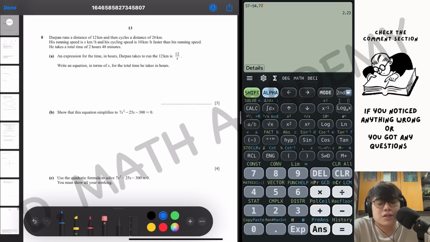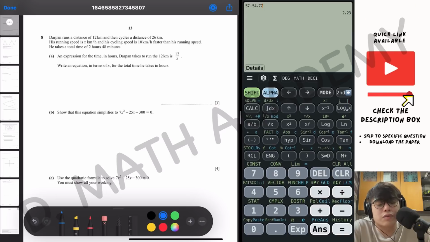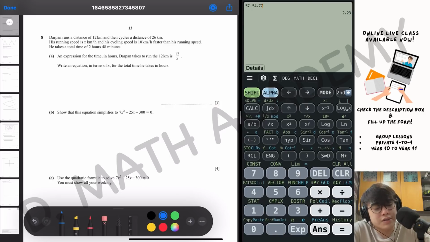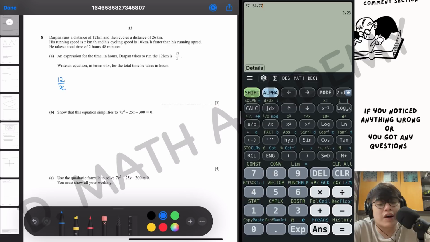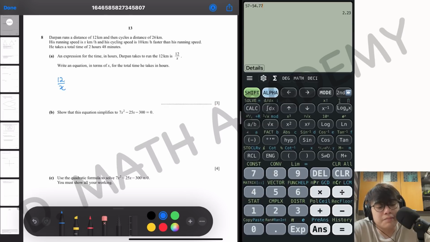As expressions, the time Darpins takes to run the 12 kilometers was 12 over x. So 12 over x. Okay, distance divided by speed, you get the time.